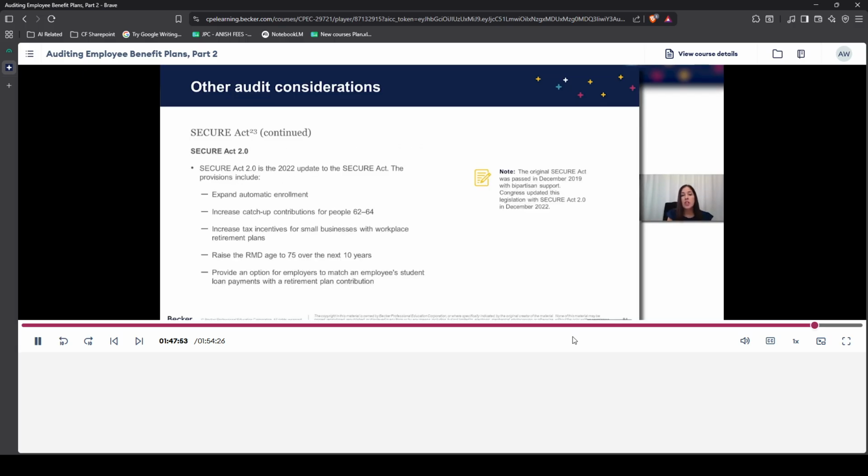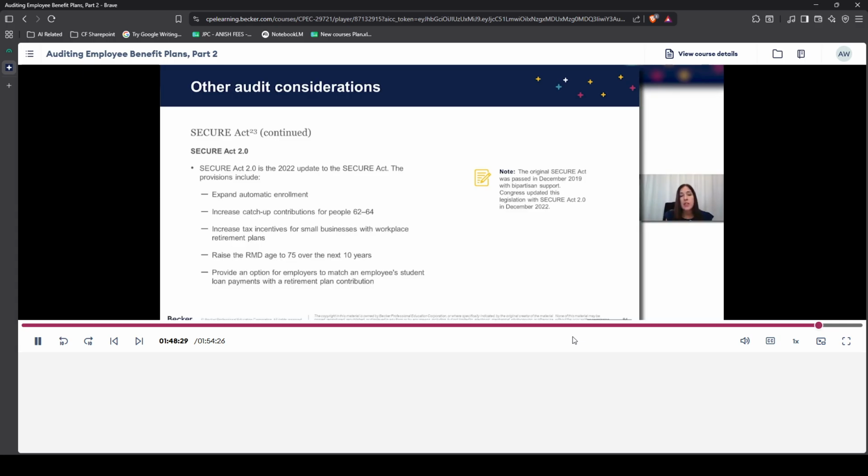We now have Secure Act 2.0, which has a lot of changes in regards to employee benefit plans. And you have to read Secure Act 2.0 very carefully because some of these effective dates start in 2023, 24, and 25. So I encourage you to very carefully review Secure Act 2.0, discuss it with your plan sponsors and even the service providers so that these provisions can be put in place properly, from their effective date.